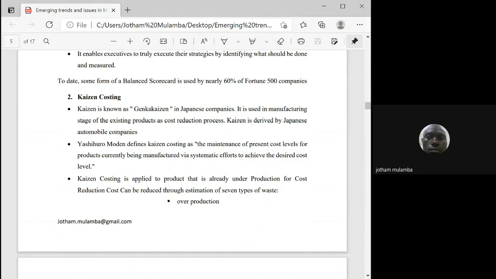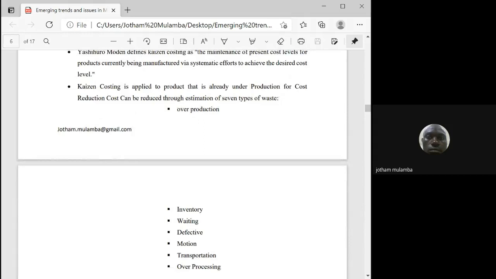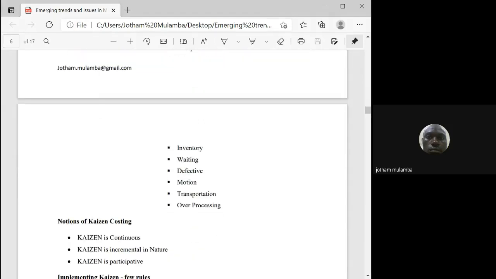Now, it looks at how to produce, and as we produce, we have to reduce or manage the cost of production, so that we only produce what is required on the market, so that we don't overproduce and then incur cost of storage. We don't produce more than what is demanded on the market.